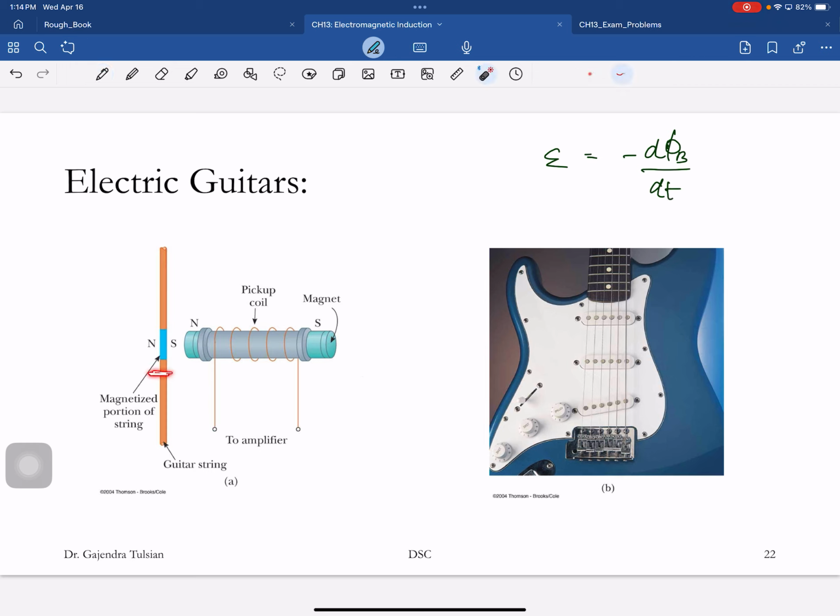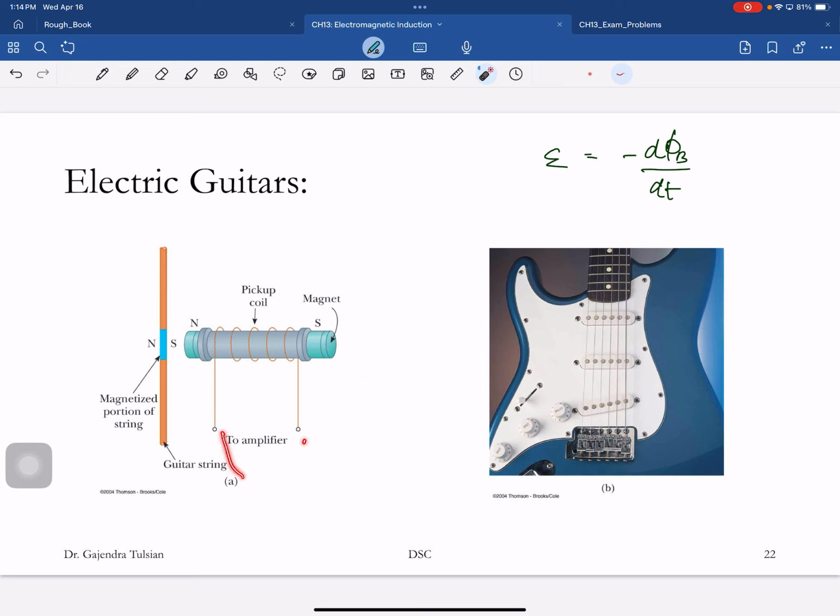So as this string vibrates, you have a sensing coil, and the magnetic field through this sensing coil changes, which will induce a current in this sensing coil. Okay, any vibration, you know how to change it into a current by the use of a magnet.